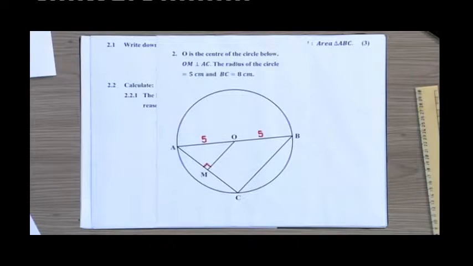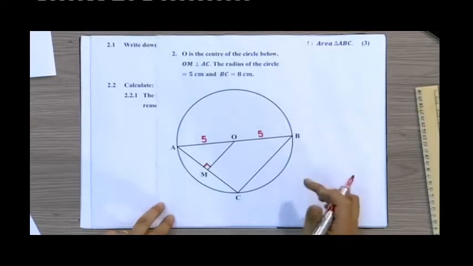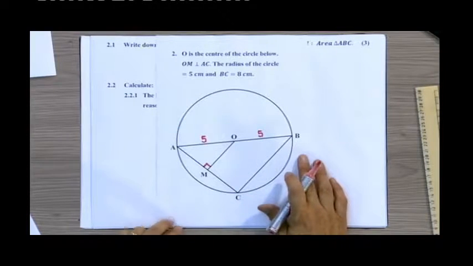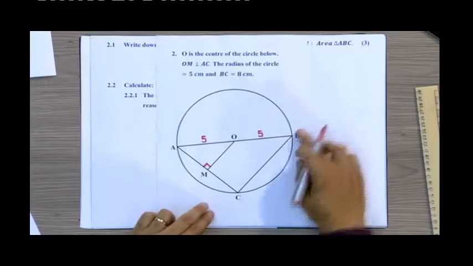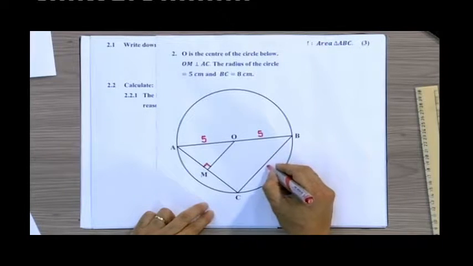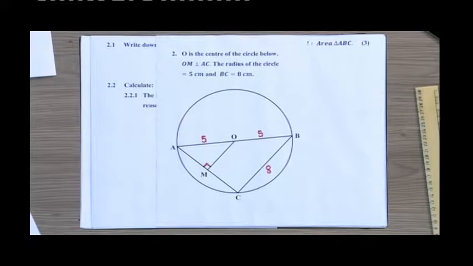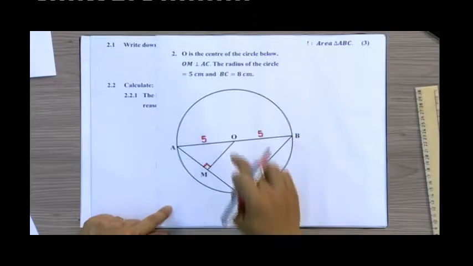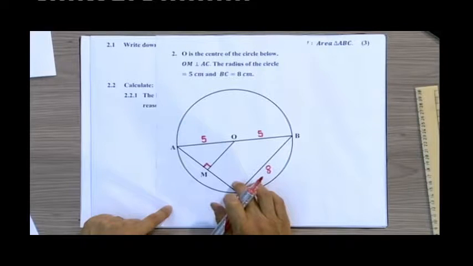Also, BC, which is at the bottom, is equal to 8 centimeters. So remember to write your information over here.